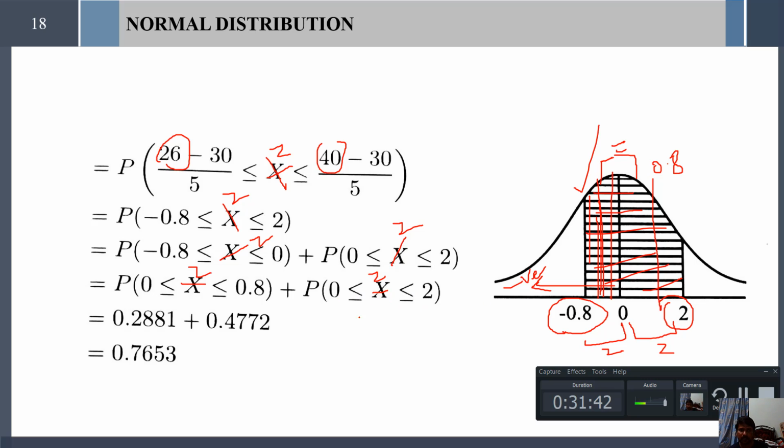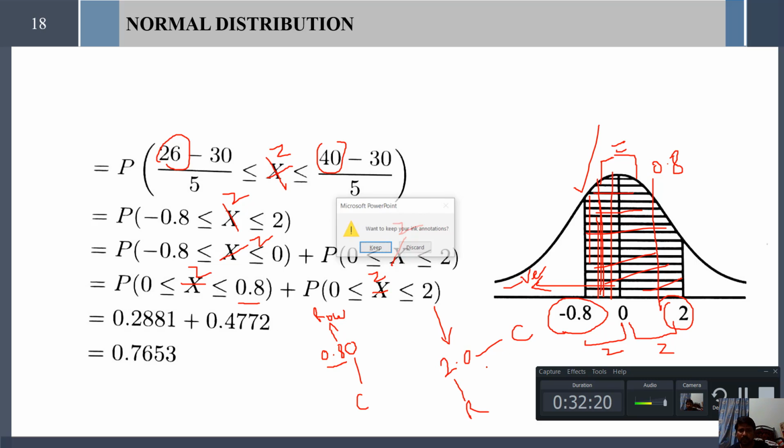Now here 0.8 is the row value, and there is no decimal digit, so the column is 0. So it is the 0.8th row and 0th column. Similarly, as 2 is a whole number, take it as 2.0, then this is the row and this is the 0th column.